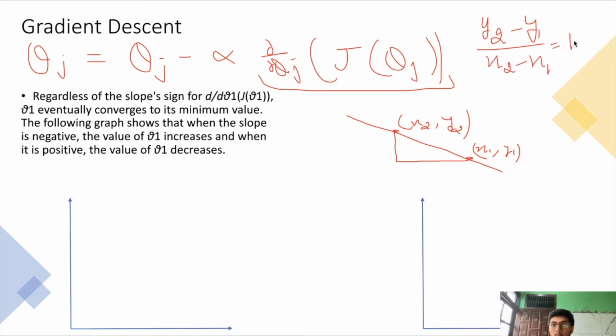This is the slope m of maybe this line AB. The derivative works the same way. It also helps us find the slope. The derivative of a line will also give us the slope. So here theta 1 eventually converges to its minima.